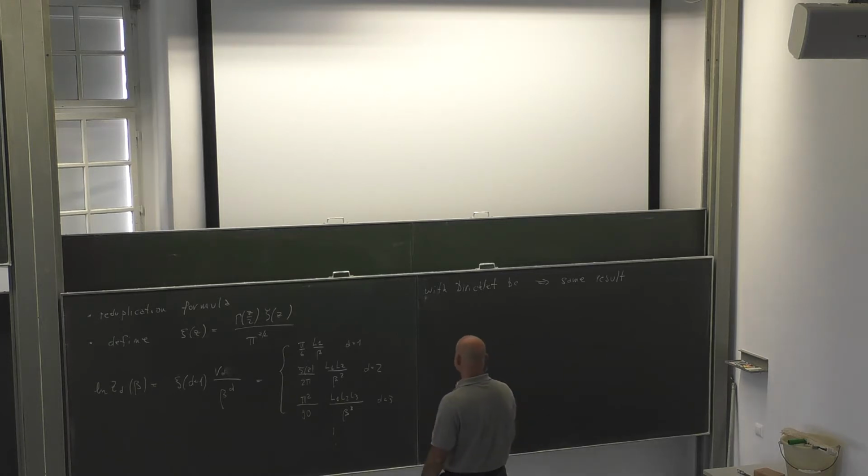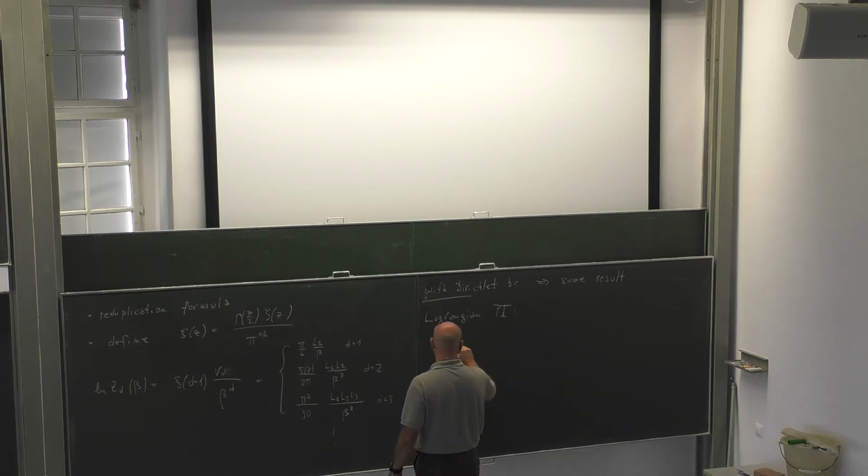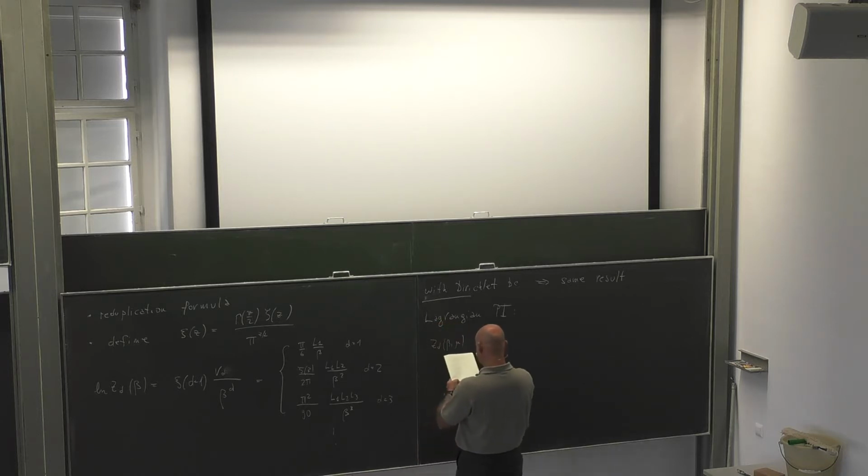Now, how does this appear from the path integral point of view? How would you redo exactly this computation with a path integral? Well, first you would start with something like that.